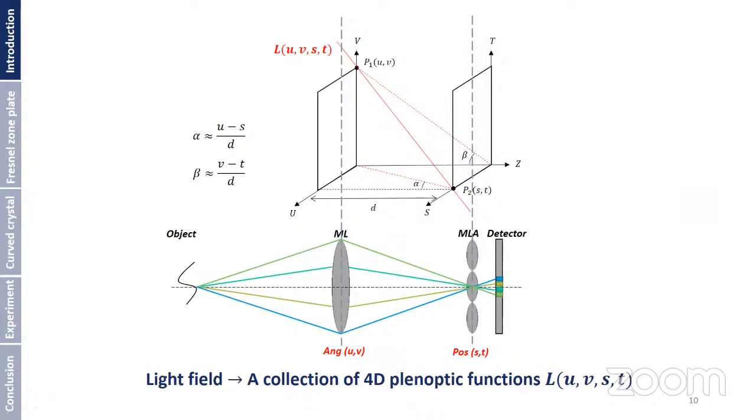And conventionally, the coordinates in the plane of the main lens are used to represent the angular information, and the coordinates in the micro-lens plane are used for the spatial information. And in brief, the light field captured by a plenoptic camera can be considered as a collection of 4D plenoptic functions.